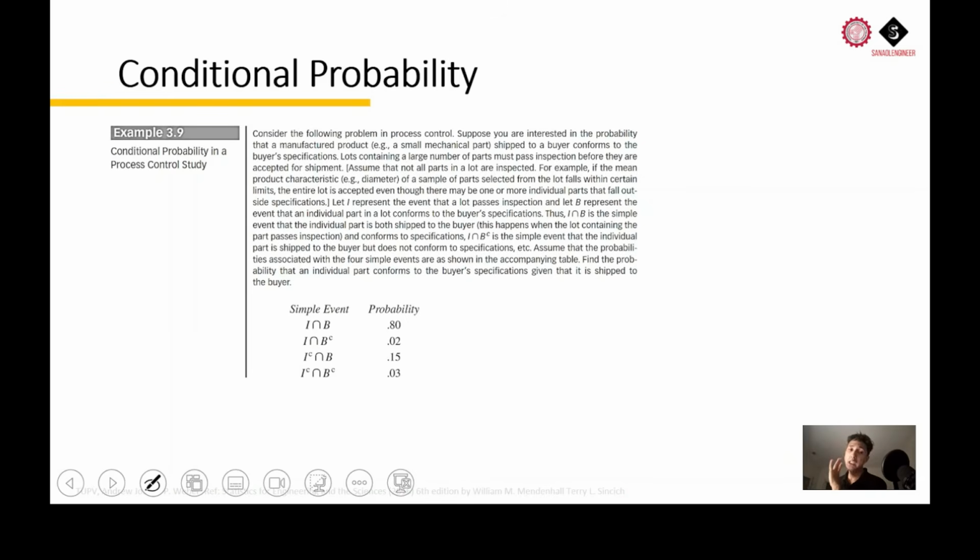Okay, so the meaning of those probabilities, which are 0.15 and 0.03, is that even though the lot did not pass inspection, they still ship it away. Okay, and there is a chance that the lot is okay with the customer, or that the lot is not okay with the customer. Of course they can ship it away because they're not testing all the individual parts of that lot.